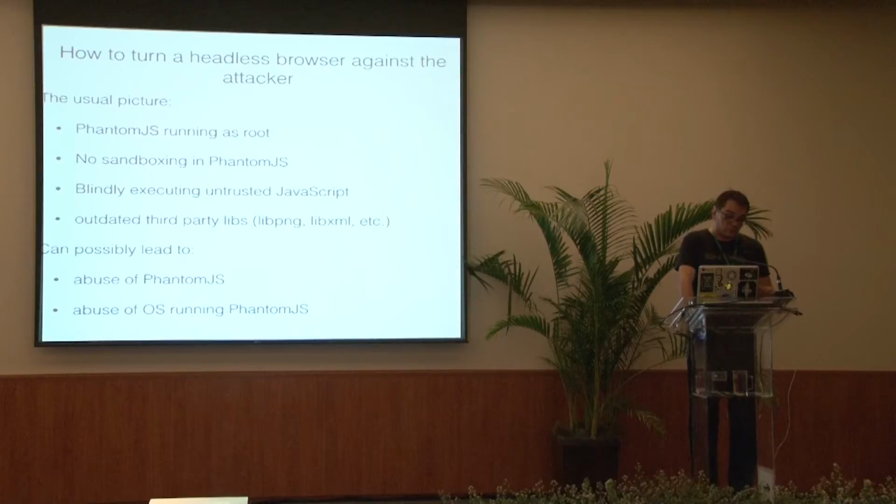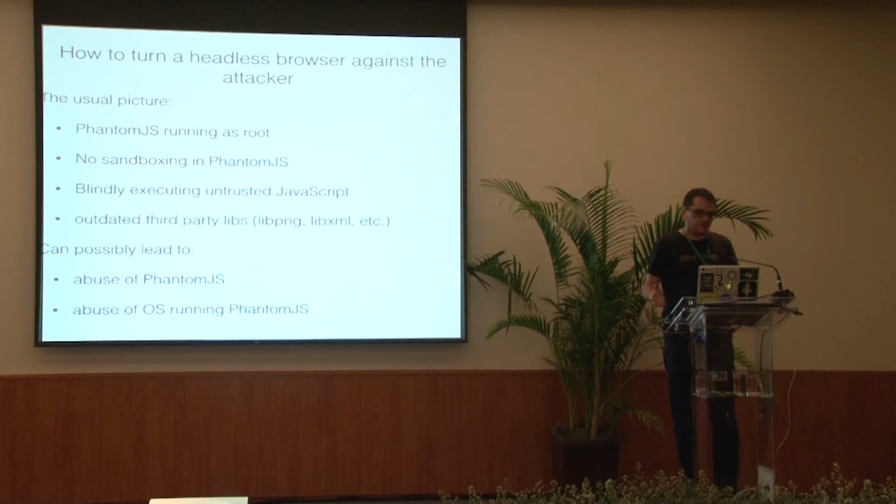Phantom.js is also based on Qt WebKit, and Qt WebKit tries to catch up, but if you search for Qt security vulnerabilities, you'll find that libpng is outdated, or libxml, or a couple of months back, libjpeg was outdated.